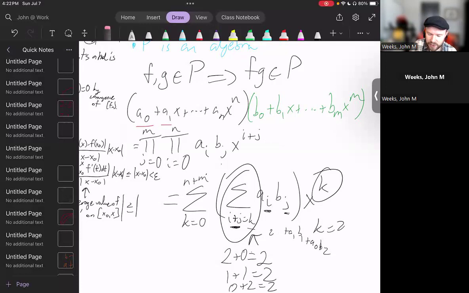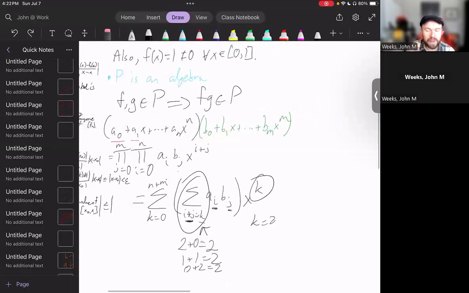Now that's just for the kth term, but the sum on the outside says the powers that I want to consider for that x to the k are going to start at 0 and then go all the way up to n plus m. This now looks a little bit more like a polynomial. In fact, I could write it out a little bit more if that would be useful, but I think we're good enough here.